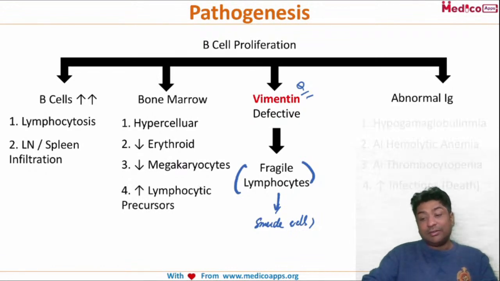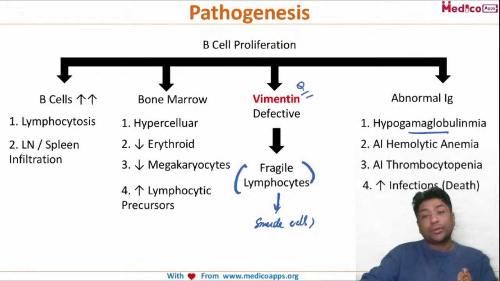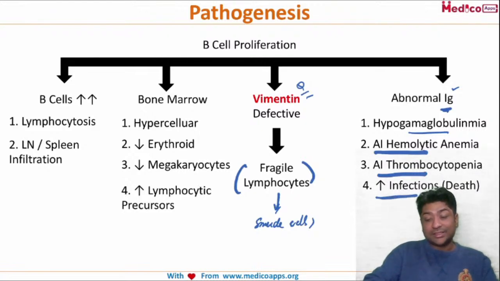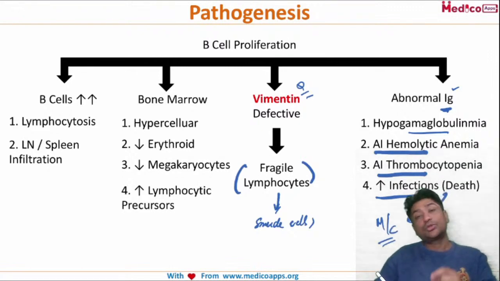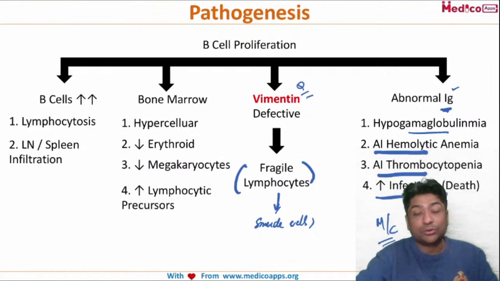Obviously there will be hypogammaglobulinemia, and this abnormal immunoglobulin can even induce autoimmune hemolytic anemia or autoimmune thrombocytopenia. Obviously these immunoglobulins are abnormal, so there will be an increased rate of infection. In fact, this is a very favorite question: this is the most common cause of death in your CLL patients. So this is how the pathogenesis happens.